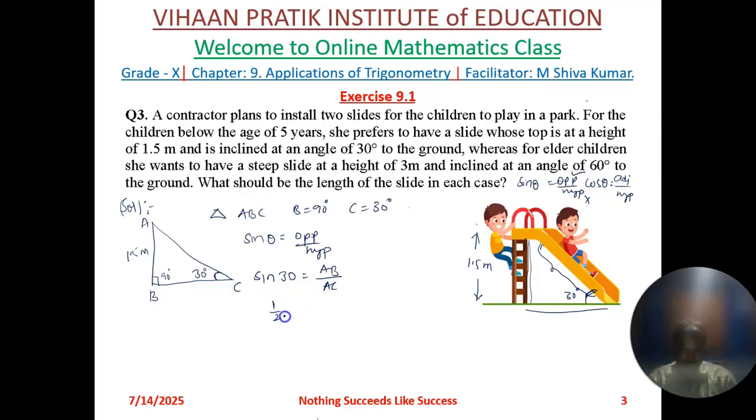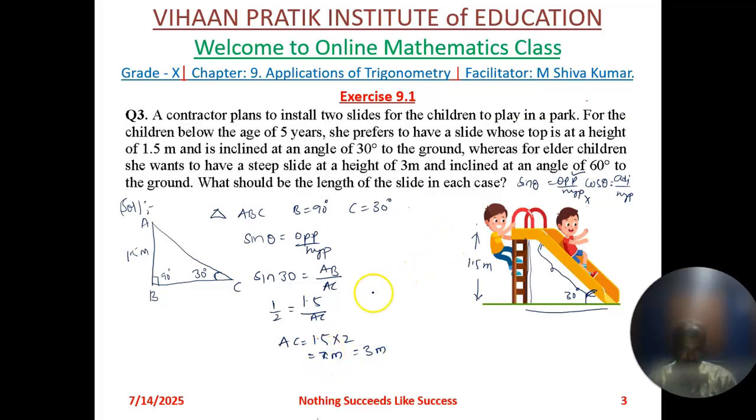Sine 30 is 1 by 2, equals AB which is 1.5 meters, by AC which we don't know, we need to find it. Therefore AC equals 1.5 into 2, which equals 3 meters.